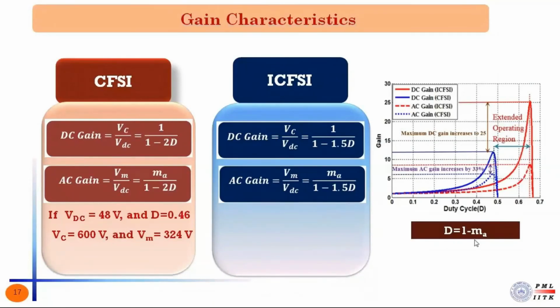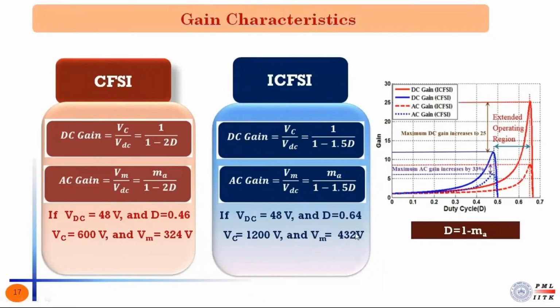Now let's take same VDC in case of ICFSI also, and take the D as 0.64, which is the practical maximum D in case of ICFSI. So here the DC link voltage that can be obtained is 1200 volt and VM is 432 volt. So clearly we can see that maximum achievable DC gain and AC gain are higher in case of ICFSI.